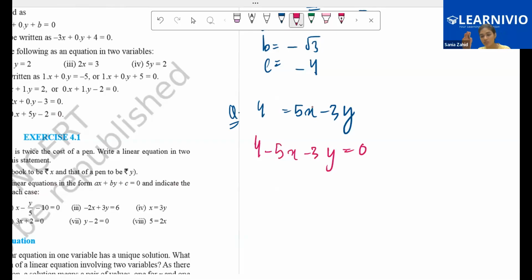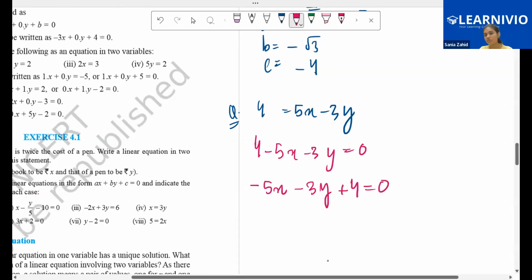The general form was first you write x, then y, then the constant term. Oh, yeah. Okay, so 5x minus 3y, no, it's minus 5x. Minus 5x minus 3y, minus 4? Is it minus 4? Plus 4. Exactly, that's plus 4 is equal to 0.